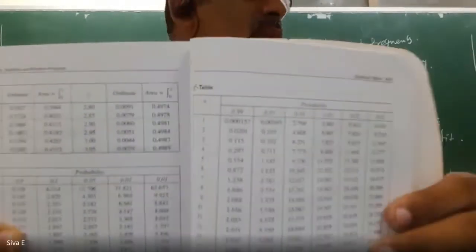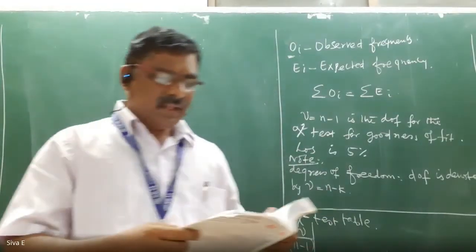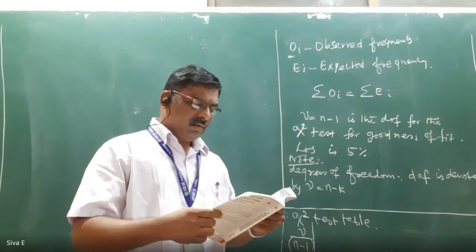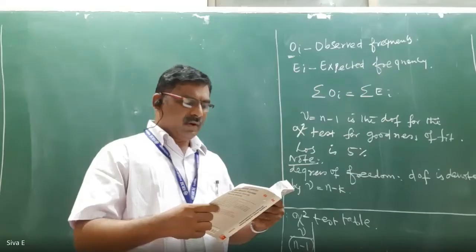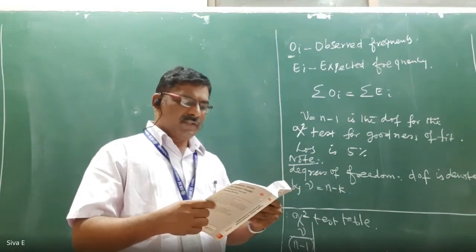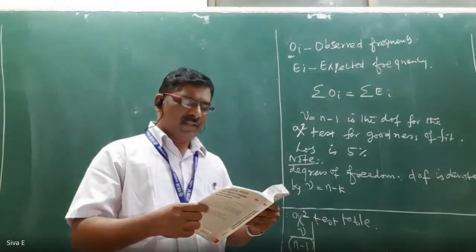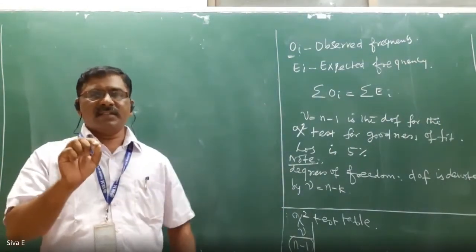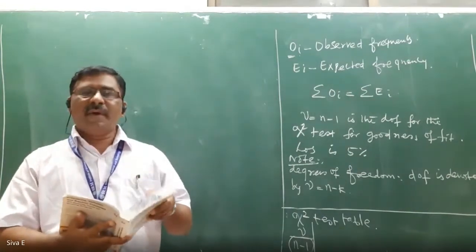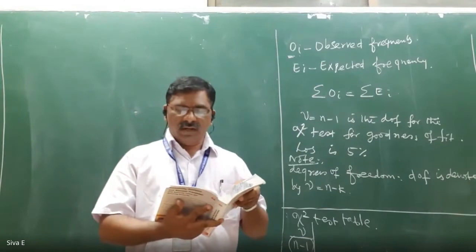Are you able to see that? Are you referring to the table? 0.99 is there, 0.95, 0.10 and 0.05 is there, finally up to 0.01. In case a 1% level of significance is given in the problem, you have to see the 0.01 column.